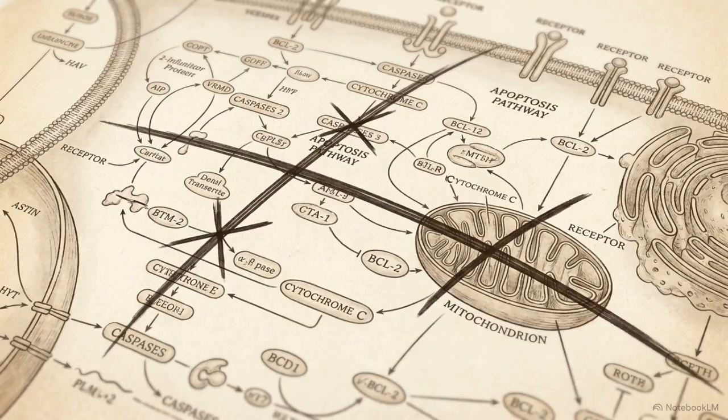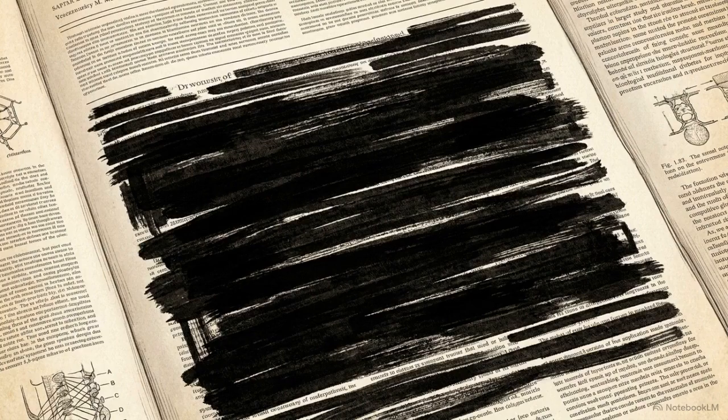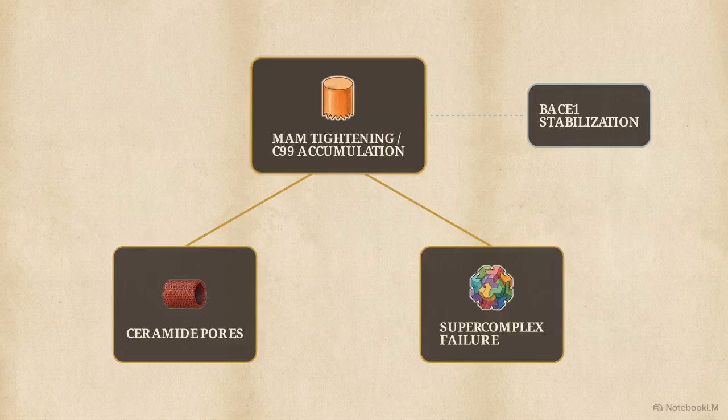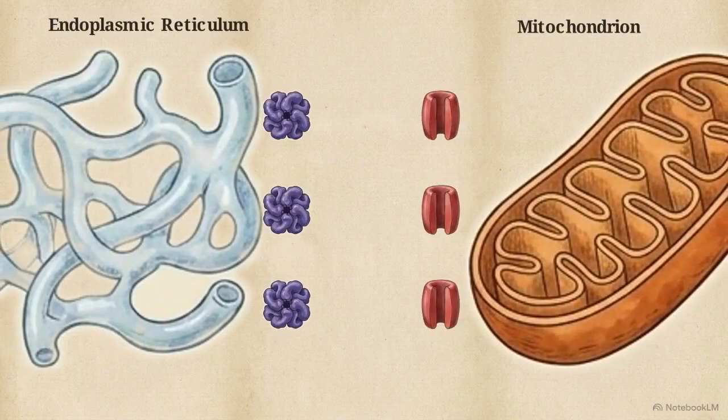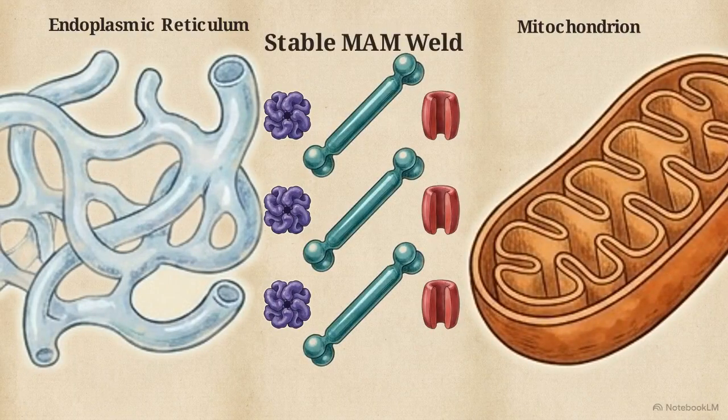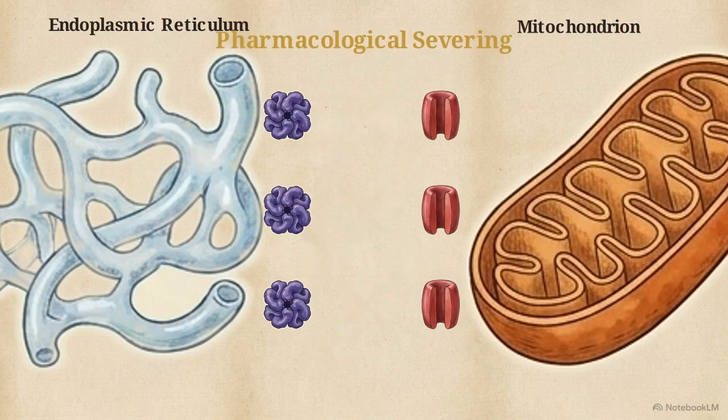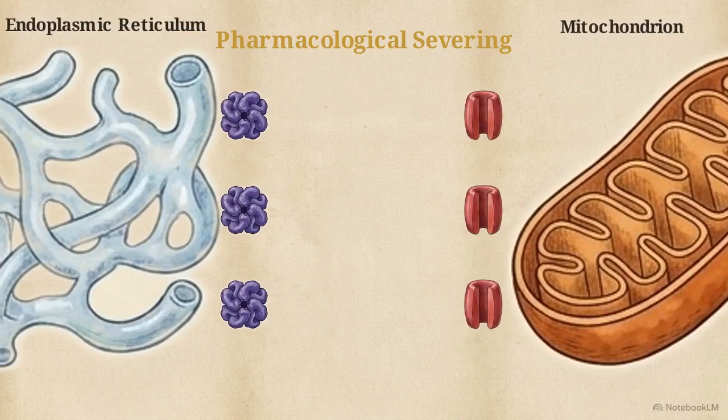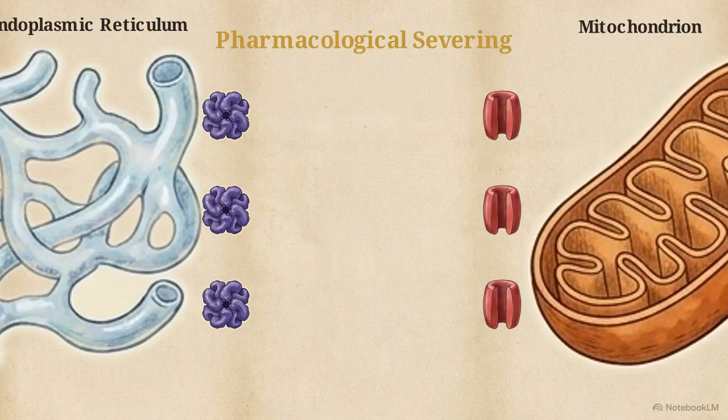We also have to explicitly discard dead ends. A widely cited 2003 paper claiming ceramide directly stabilizes the beta-secretase enzyme has been retracted. The mechanics of the tightened weld stand independently of that unsupported claim. Understanding the exact mechanical nature of this lesion dictates how we approach therapeutics, specifically the reflex to pharmacologically sever the MAM to stop the disease.